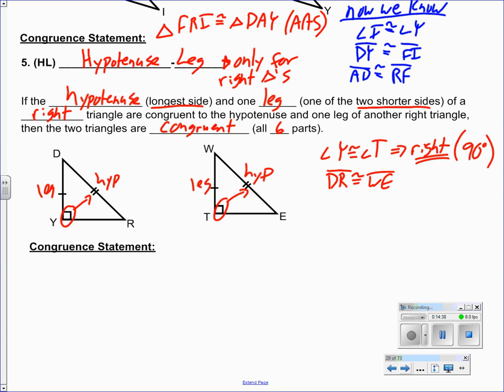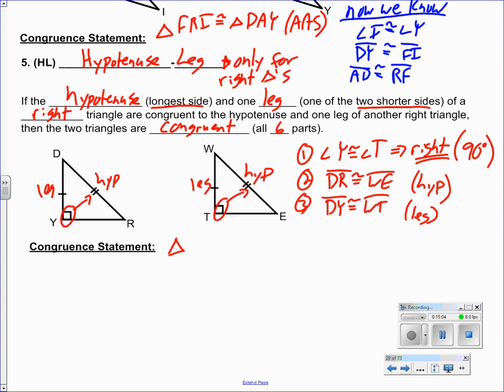And we have one leg, DY congruent to WT. So now checking these 3 pieces: 1, that it's a right triangle; 2, that we have the hypotenuse congruent; and 3, that we have 1 pair of legs congruent. We now know the triangles are congruent using the shortcut.